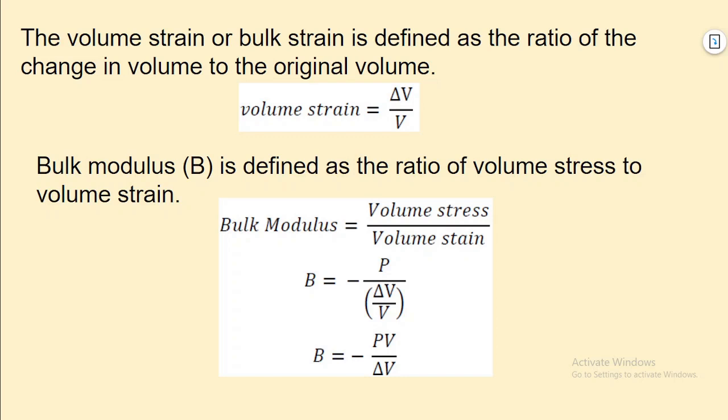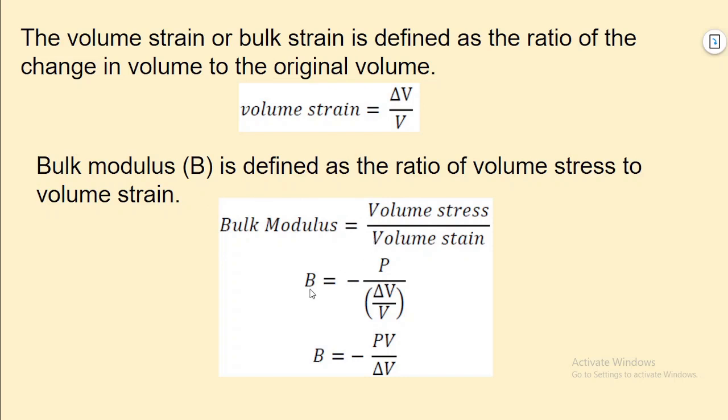It is the ratio of the change in volume to the original volume, so the volume strain is equal to delta V by V. Now when we apply Hooke's law, the ratio of the volume stress to the volume strain gives the corresponding modulus, called the bulk modulus, denoted by the letter B.